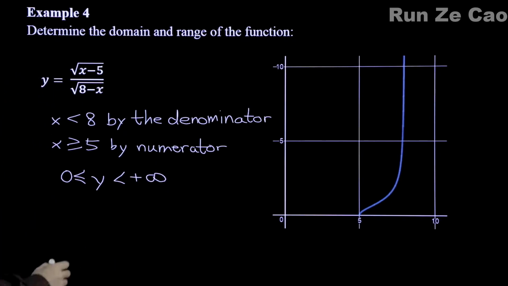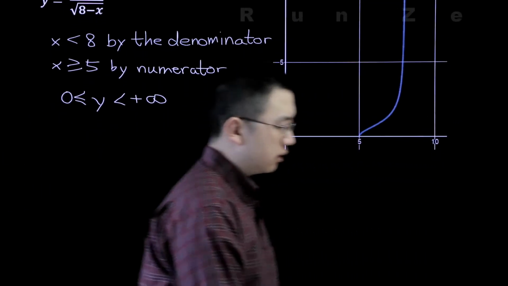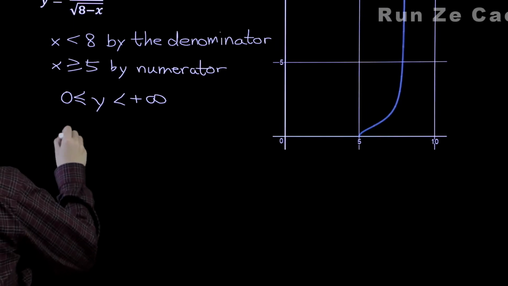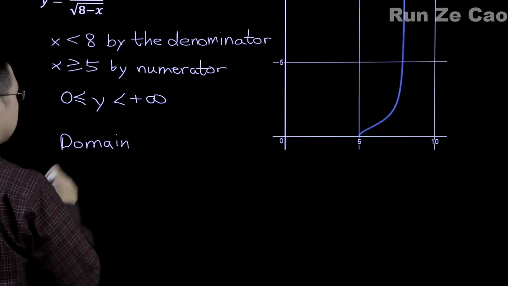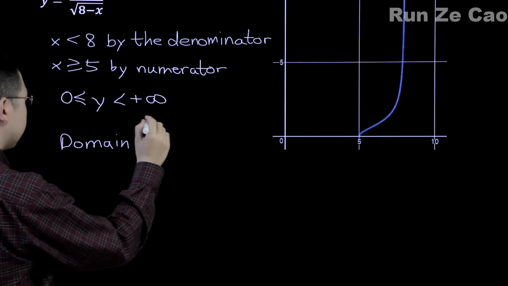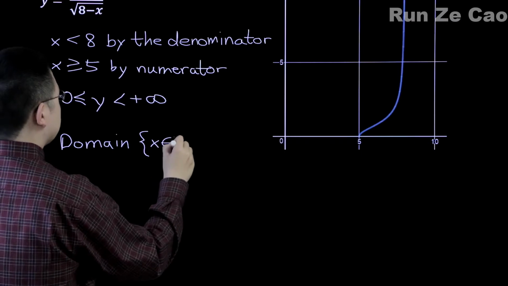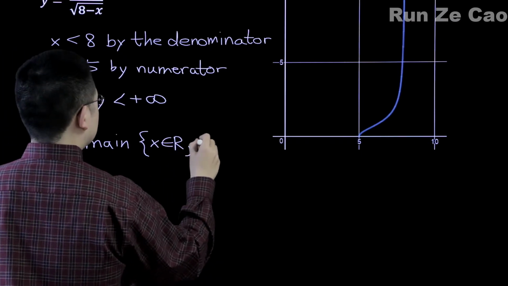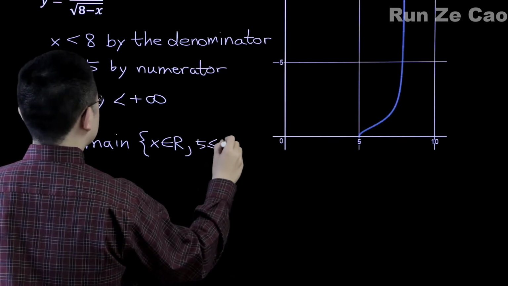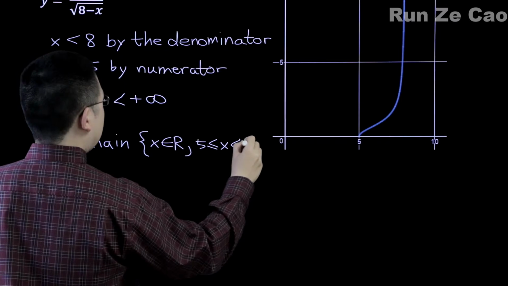Now the domain we should state as x is an element of the real numbers and x is greater than or equal to 5 and less than 8.